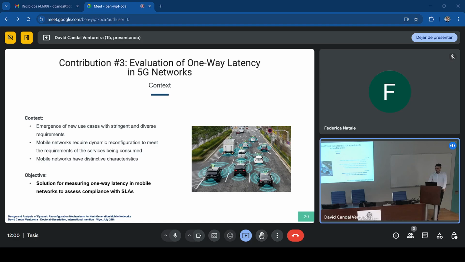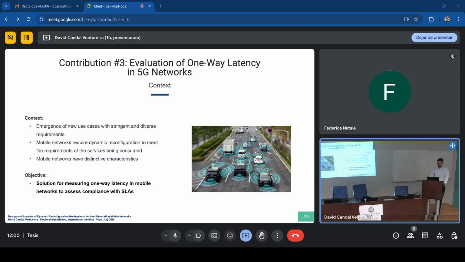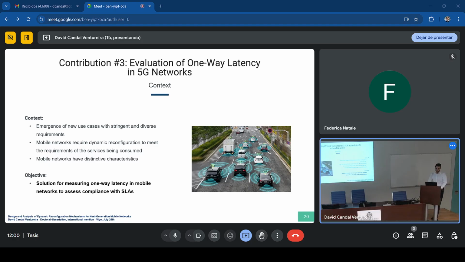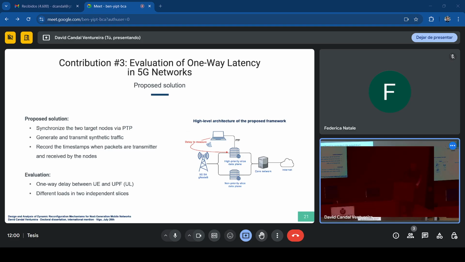The typical approach of measuring the round-trip time and dividing this value by 2, therefore, is not applicable to these networks. We proposed a simple framework to evaluate the delay in the communication between any two nodes in a mobile network in just one of the paths, uplink or downlink.